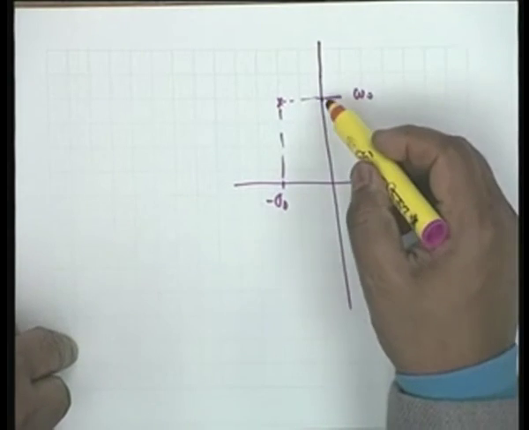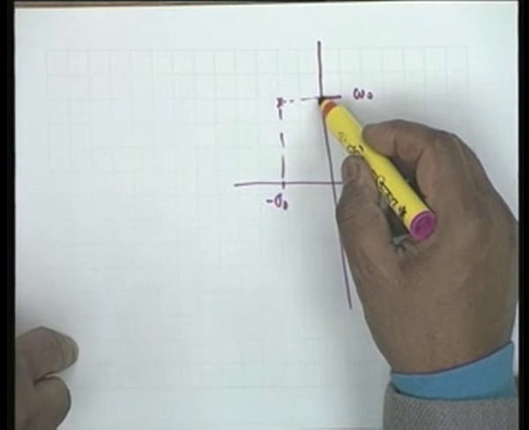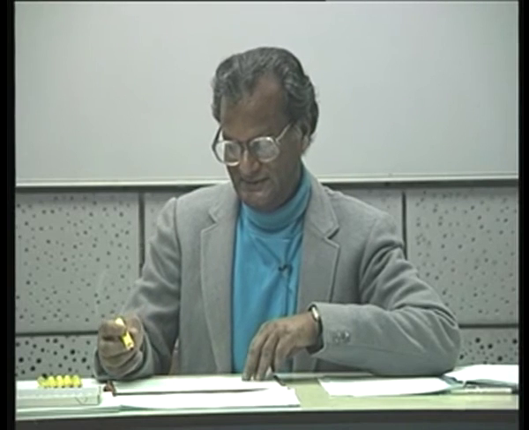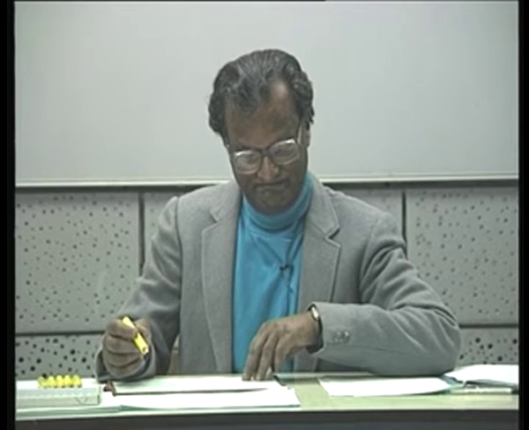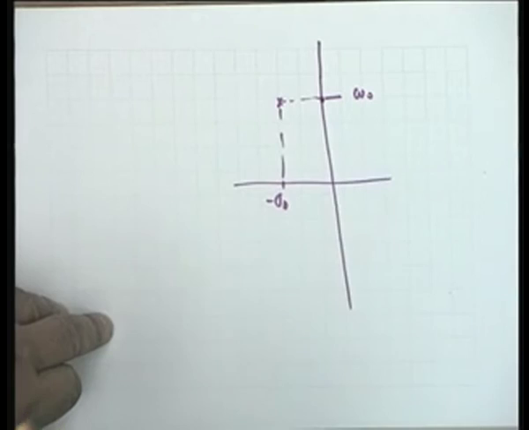Now with omega 0 as the center and sigma 0 as the radius, correct.